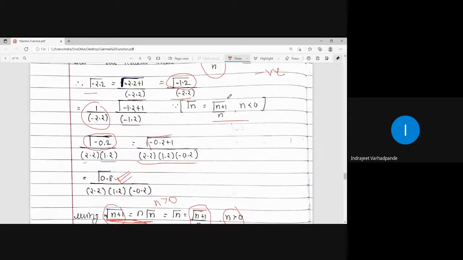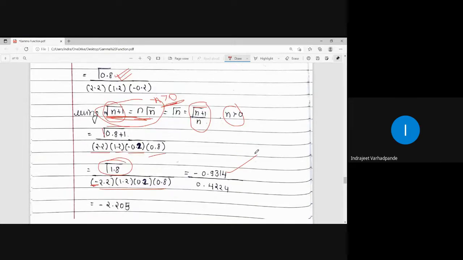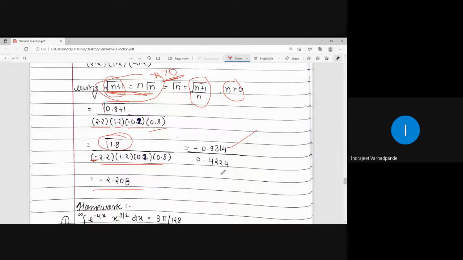Here I am using the reason that it is n less than 0. Now I am using this property, gamma n plus 1 is n gamma n for n greater than 0. And from that, gamma n can be written as gamma n plus 1 upon n, because that property we have written already. So making use of the same thing, we are getting the final answer, that is minus 2.205.